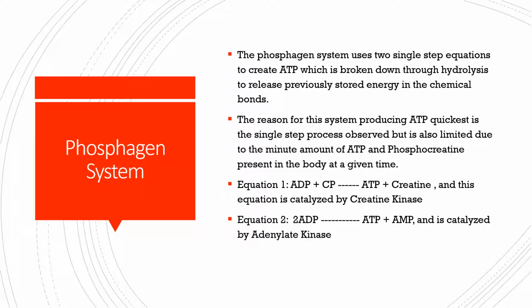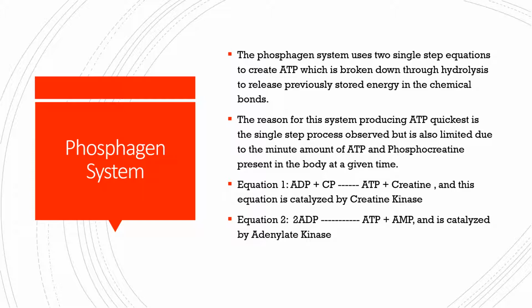The phosphagen system uses two single-step equations to create ATP, which is broken down through hydrolysis to release previously stored energy in the chemical bonds. The reason behind this system producing ATP quickest is the fact that it is a single-step process and not a multiple-step process such as the Krebs cycle or glycolysis. But it is also limited in duration because of the limited amount of substrates stored in the body at a given time.